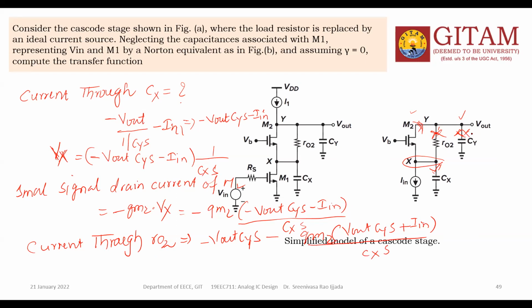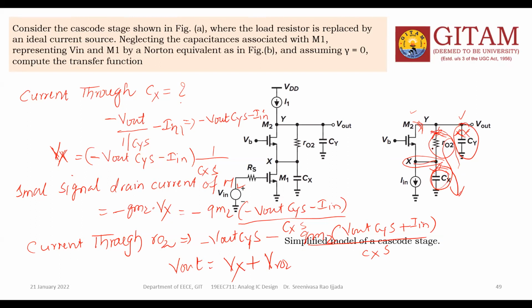Therefore, what is the Vout? Total output voltage Vout is equal to Vx plus VR02. If you write the loop equation here, then voltage across Cy is equal to voltage across R02 plus voltage across Cx. Voltage across Cx is nothing but Vx.